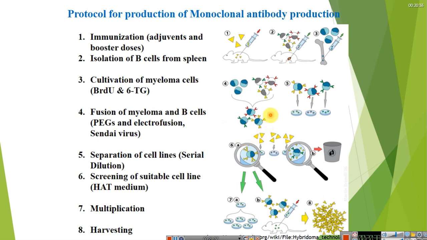When we are selecting these hybrid cells, we serially dilute the preparation so that we can get single cells isolated. Then we screen the different cell lines for their capacity to produce antibodies that bind specifically to the antigen of interest. Then we select the hybrid, allow in vitro multiplication, and the antibodies produced can be harvested.